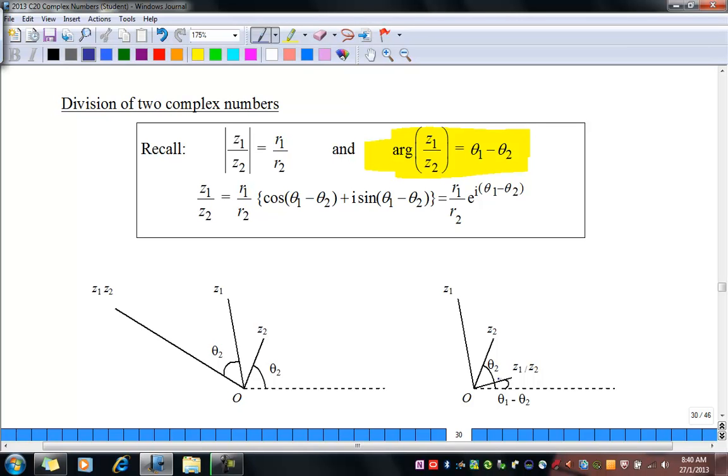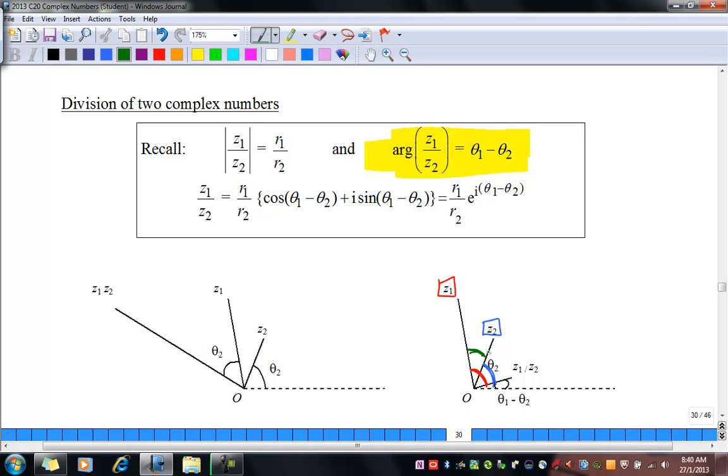So suppose I have an angle theta 1 which is associated with the complex number z1, and I have another angle theta 2 which is associated with the complex number z2, and I want to find the argument of z1 over z2. And then I know it's going to be theta 1 minus theta 2, so the difference will be this small angle over here.